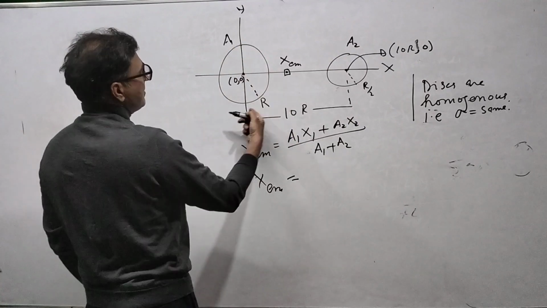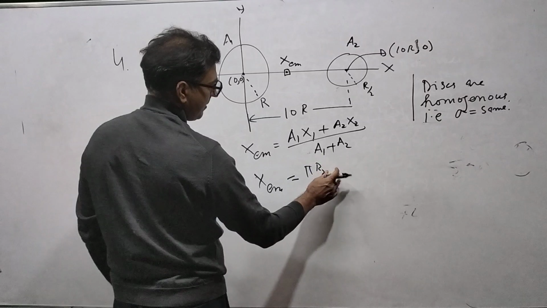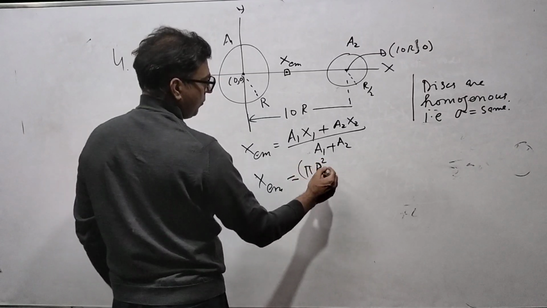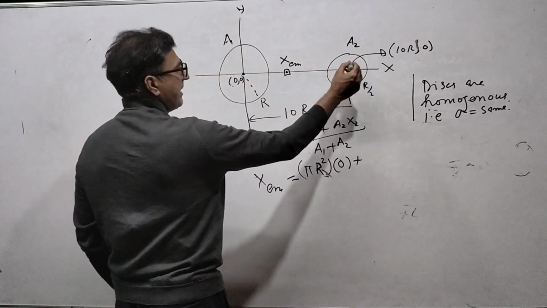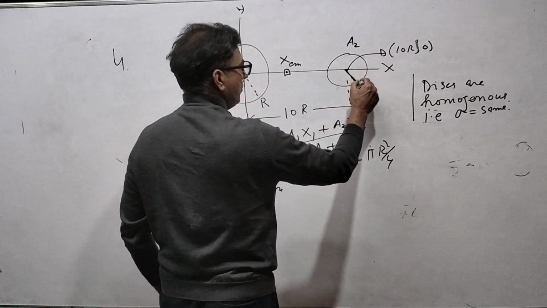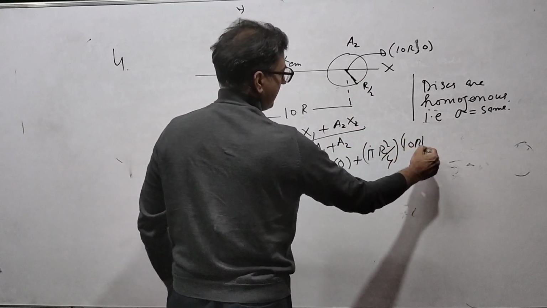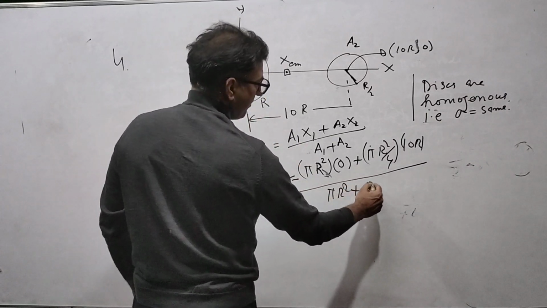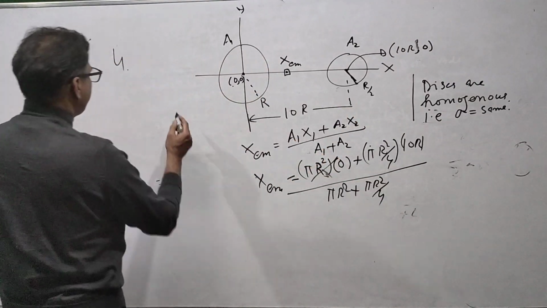What is A1, the area of this? That's pi r square, the disk area, times its x coordinate, which is 0. What is the area of the second disk? That is pi r square by 4, because the radius is r by 2, times x2, which is 10r. Divided by A1 plus A2, that is pi r square plus pi r square by 4. Let me solve this. This term is 0.